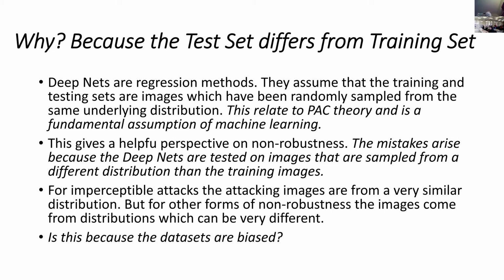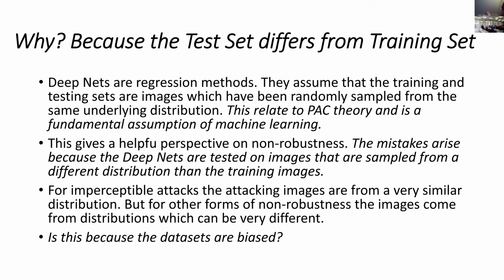Why? The basic reason is because the test set of images that you have differs from the training set on which you've trained the algorithms. And deep networks, of course, are basically regression methods. They assume that the training and test sets are images which have been sampled from some unknown but underlying distribution.